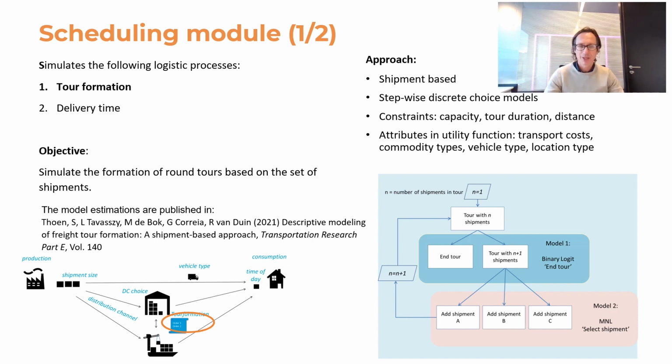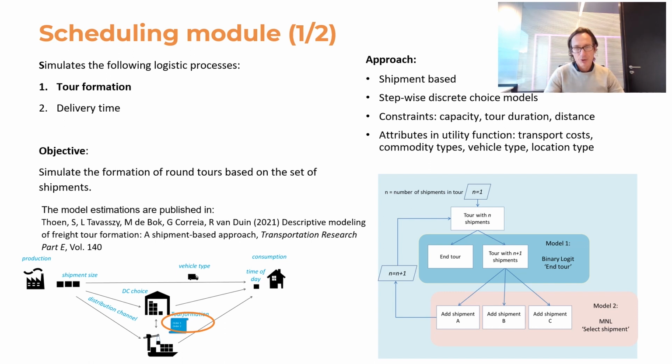And what we did is to implement a simulation-based approach for this, opposite to very much optimization-driven vehicle routing types of approaches that are not able to simulate at this scale for such a big study area the formation of round tours. And we think simulation is a very effective way of doing this.